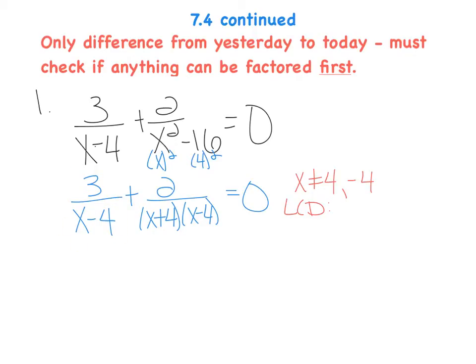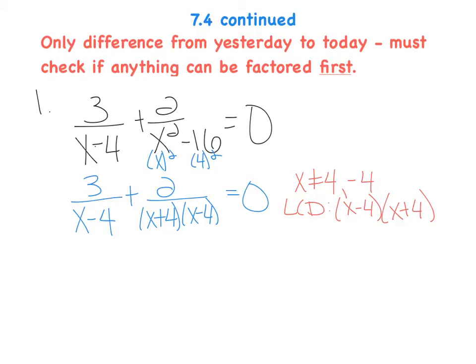So if I look just at that first fraction, the least common denominator just for that fraction would be x minus 4. Now if I look at this fraction here, notice that I would need to get rid of an x minus 4 in this fraction too. Well, I already have the x minus 4, but I also need to get rid of an x plus 4. So my least common denominator is going to be x plus 4, x minus 4. Doesn't really matter the order, you just need to have both of them.